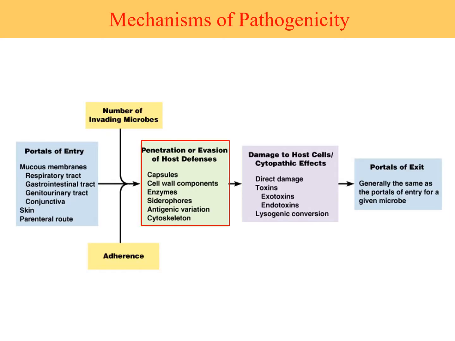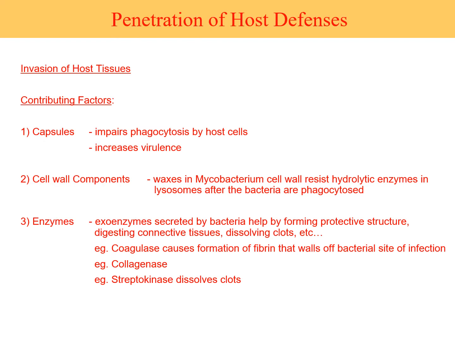Okay, let's move on now to talking about penetration or evasion of host defense. Having a portal of entry is not enough. The organism still has to get around the host defense and spread within the body.